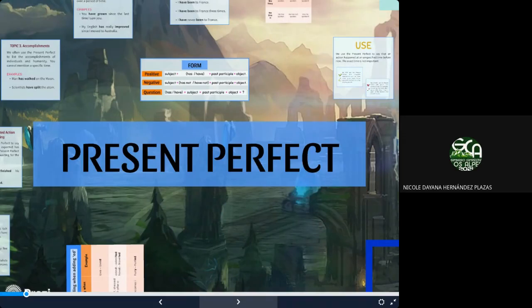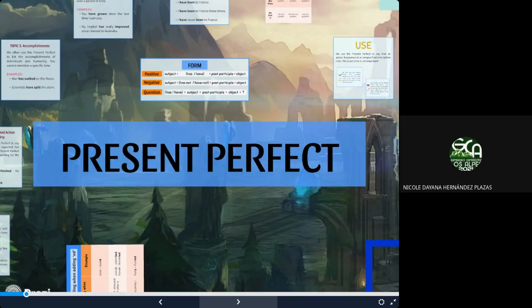Okay, when you don't have a specific time, when you have actions, but those actions are not in a specific time, that's when you use present perfect. Something else? Past simple when the action is already finished. But not yet with past simple. Let's start first with present perfect. But yes, it's different.